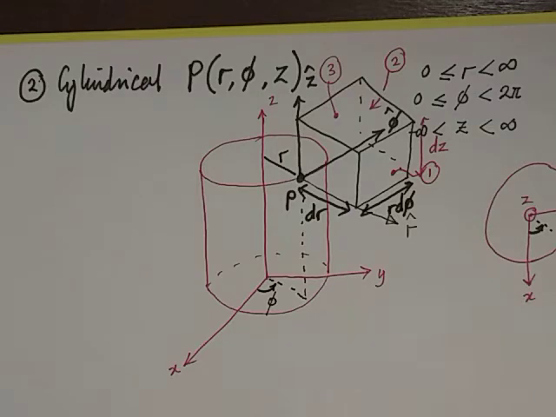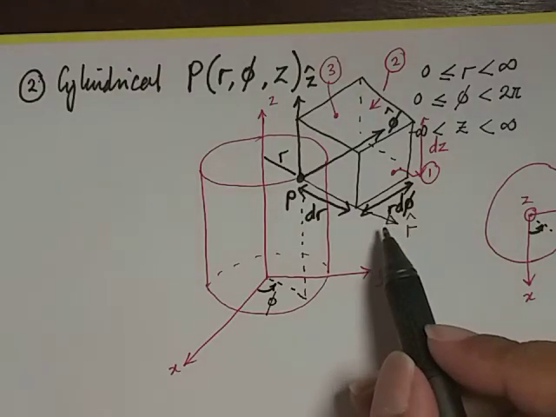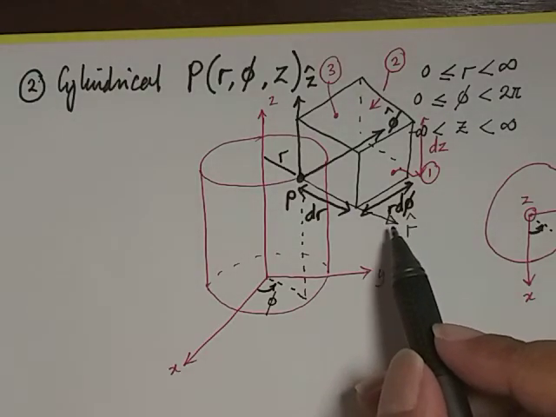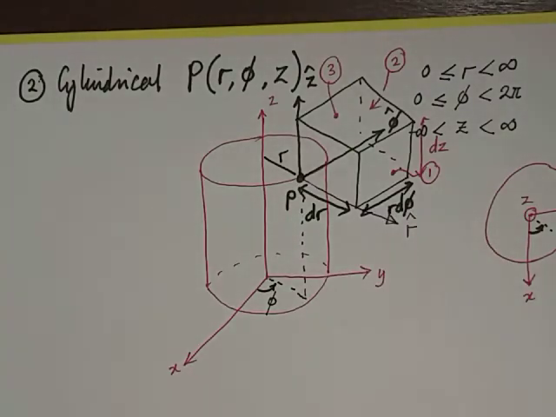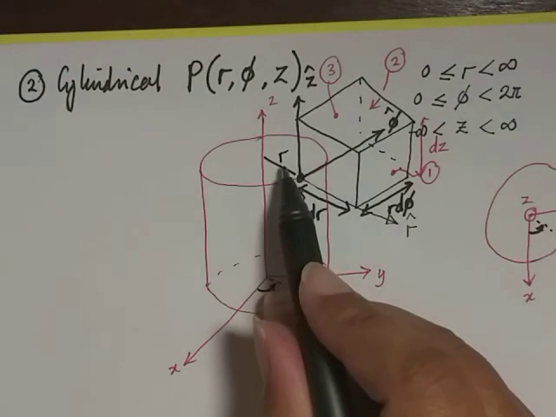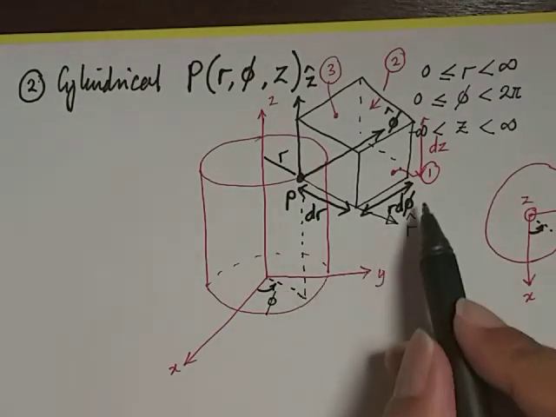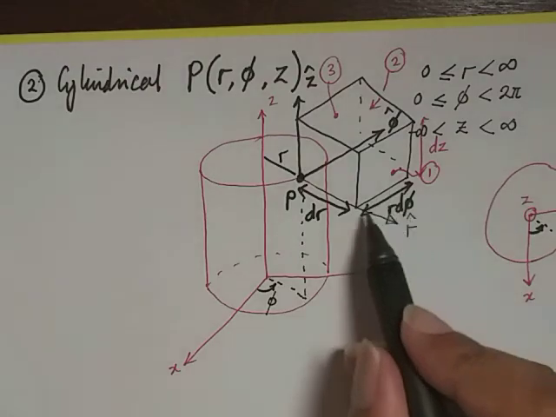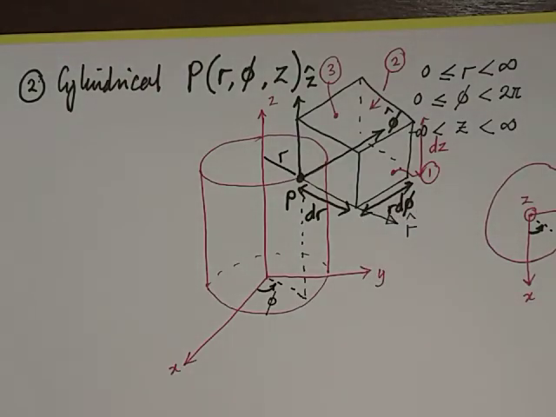We cannot use d phi simply because the radius actually affects the length of that small increment. That's why we must consider the r and multiply it by the change of angle to define this particular side of the box: r d phi.